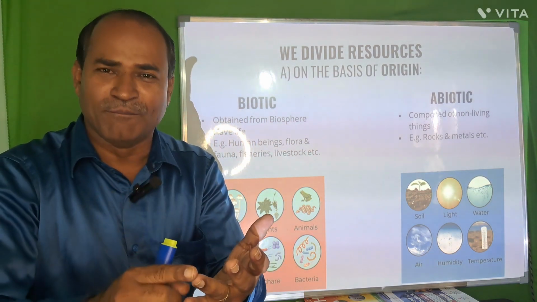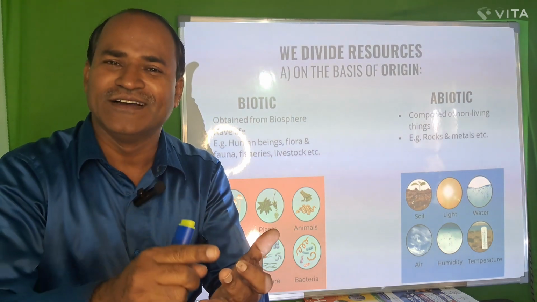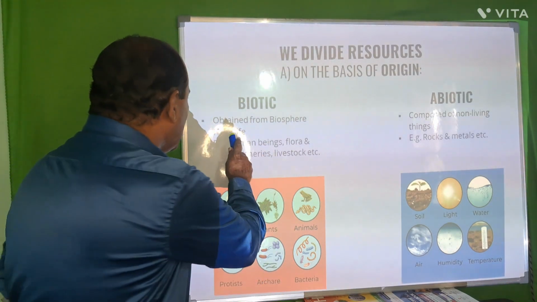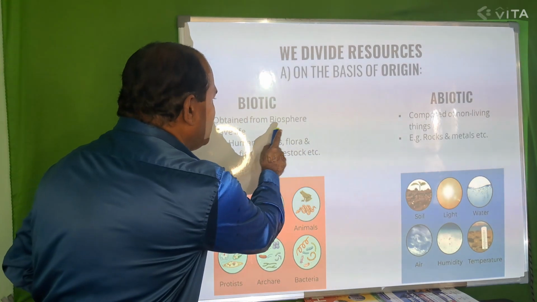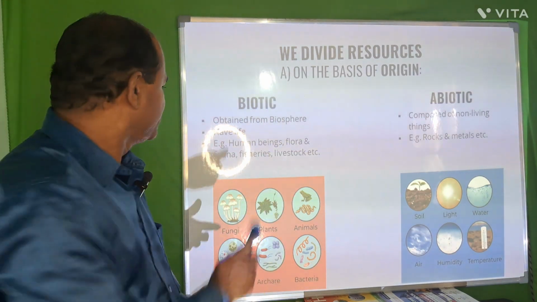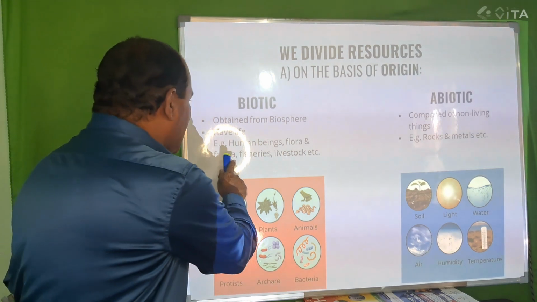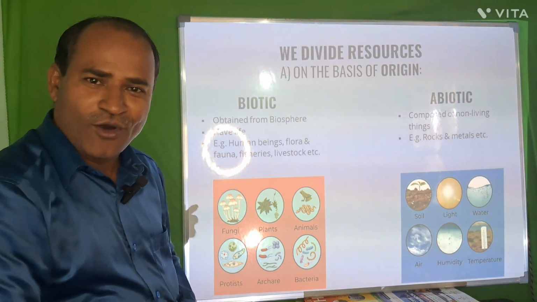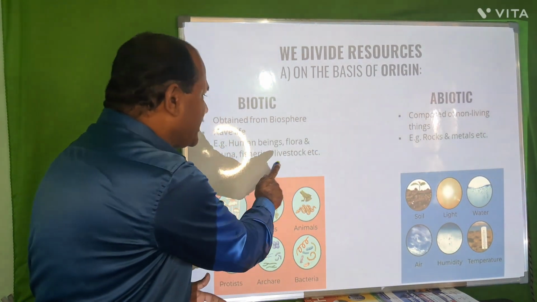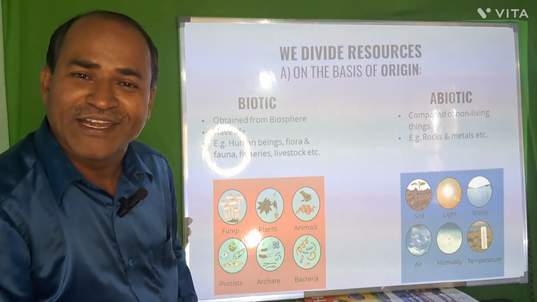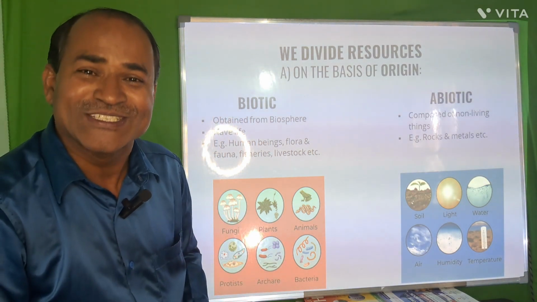Plant life and animal life are examples, obtained from the biosphere. They have life. Examples: human beings, flora, fauna, fisheries, livestock. So these are examples of biotic resources.